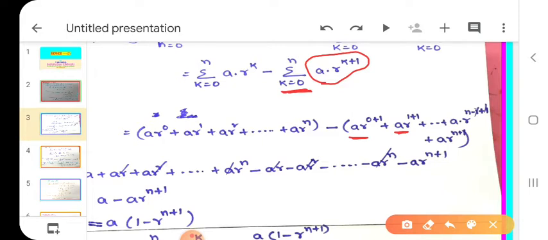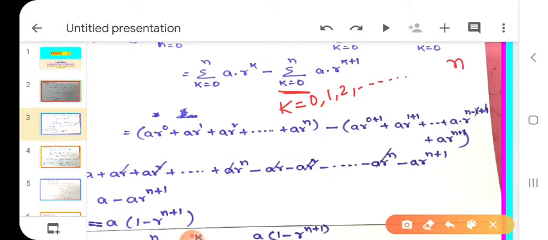What is the last term? a rⁿ⁺¹. What is the last but one value of k? k equals 0, 1, 2, 3 and so on, the last term is n. The term before n is n − 1.